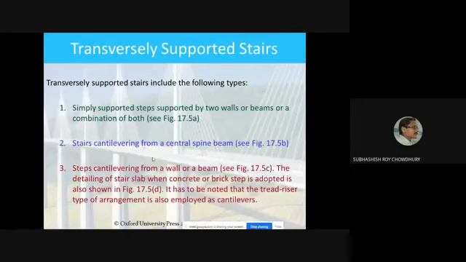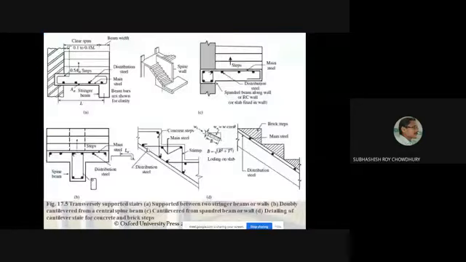Now in case of the transversely supported stair, let me show you a few examples with this figure, how it will be constructed. This is one case where there is a wall, and there is a stringer beam, which is the inclined beam, constructed at this side. Then this stair slab will be considered as a simply supported slab.